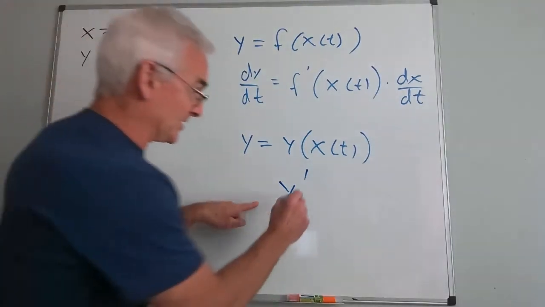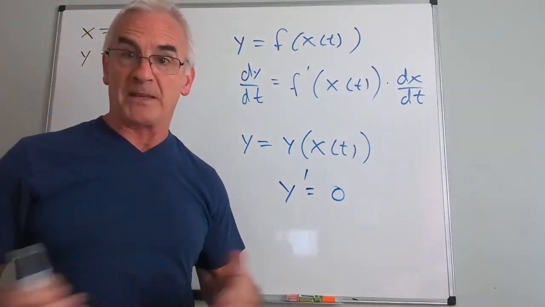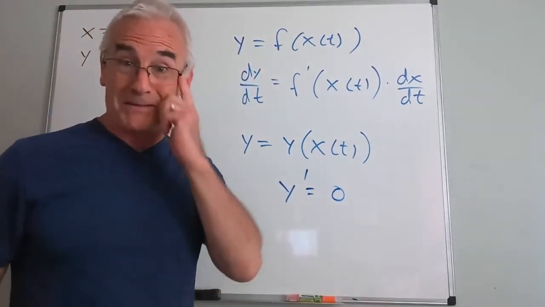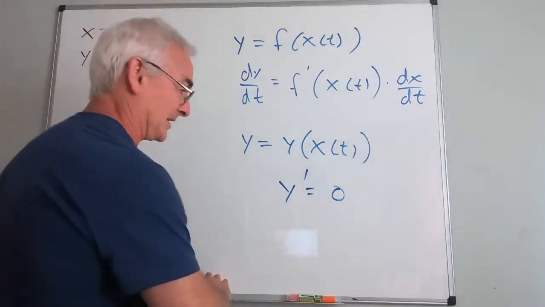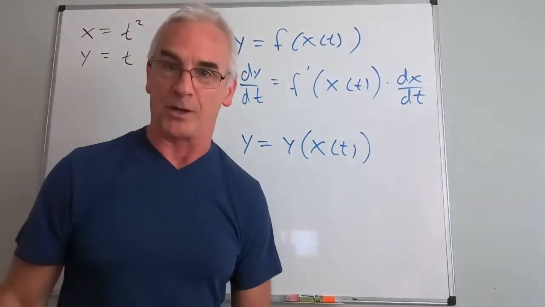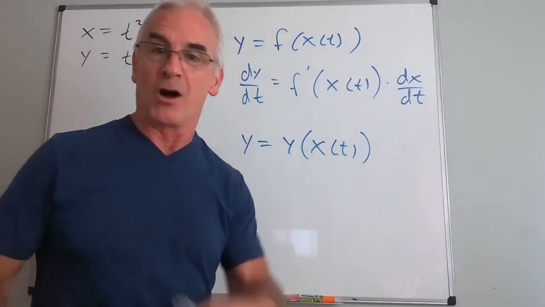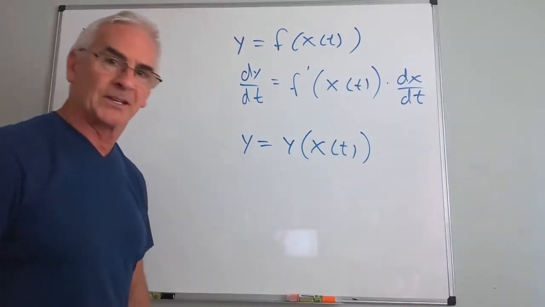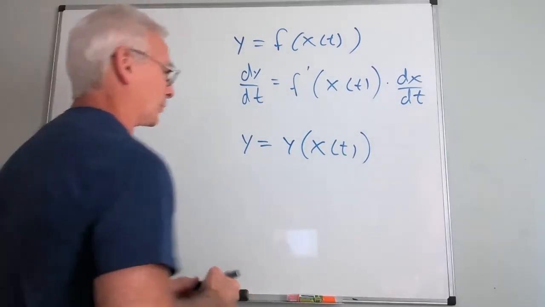In fact, the answer is this is 0. In Calc 3, you prove a variable prime is 0. It can't be anything else. The exception is if it's the variable prime with respect to itself, then it's 1. But that would only be if you're differentiating x with respect to x. All other examples would be 0. You can't have a variable prime, so their prime notation is just terrible.